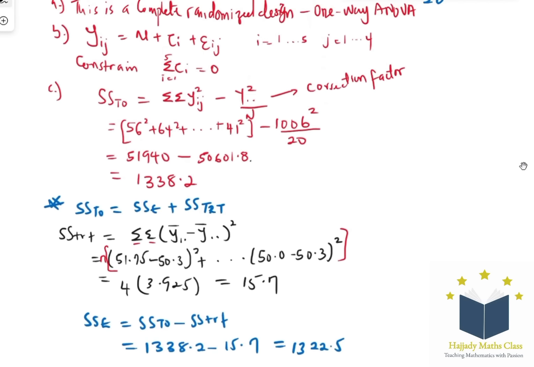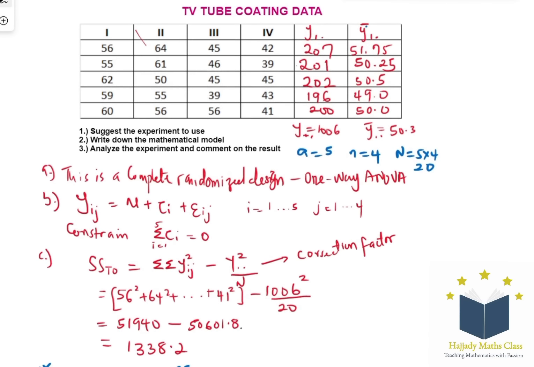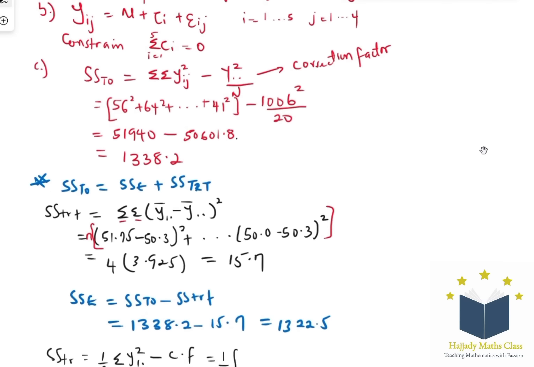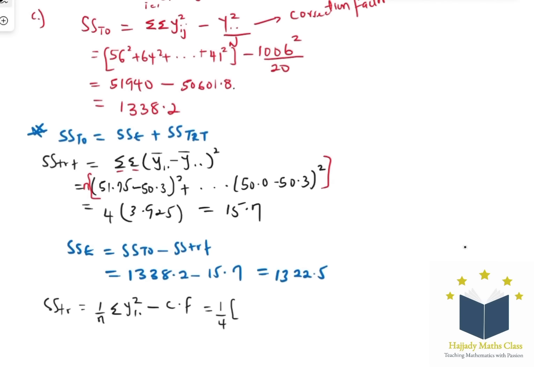Looking up here, my yi dot is 207 for the first one, 201 for the second one, up to 200. So this is just like having 207 squared plus 201 squared, and so on to the last one, which is 200 squared, minus the correction factor.